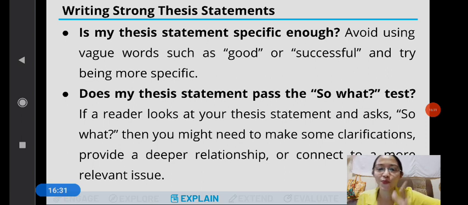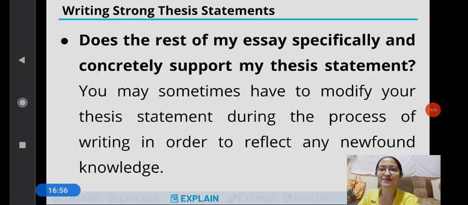As a writer, you have to be clear with your purpose, so that from the thesis statement, in the first paragraph, the reader already grasps your point.